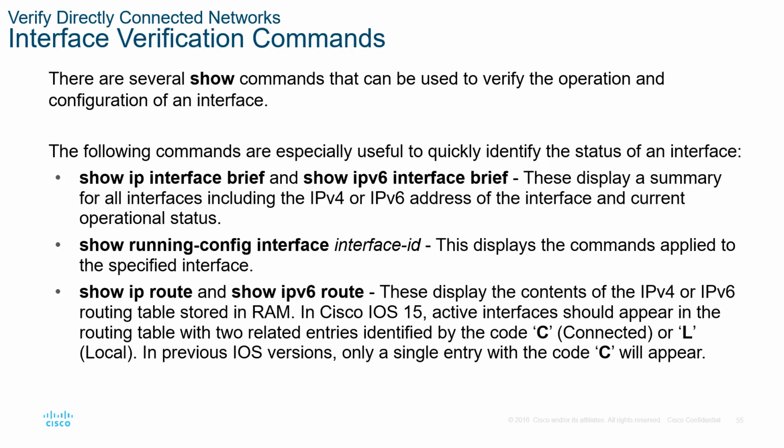If we're talking directly connected, we have C, which is connected, and we have L, which is local. With the previous version of iOS, we only had a connected. They are slightly different, but they essentially mean the same thing for this course.